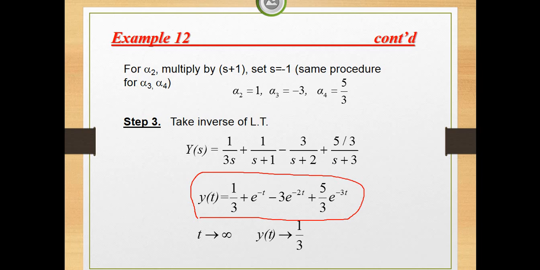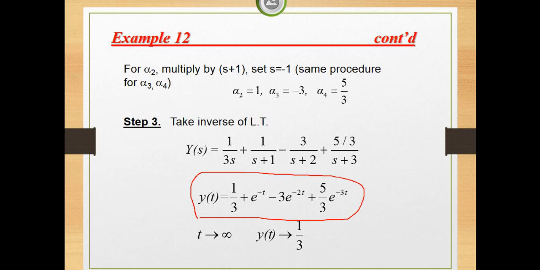Now, how do we determine the final value of the function, even the initial value of the function, without having to resort to this very long process of inversion? What does that mean? Is there another way of determining the final value of the function without having to invert a very long differential equation, just like sample problem number 12?